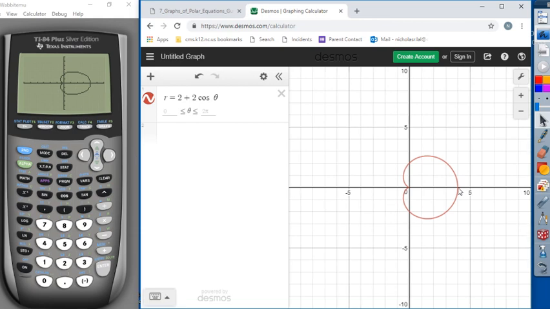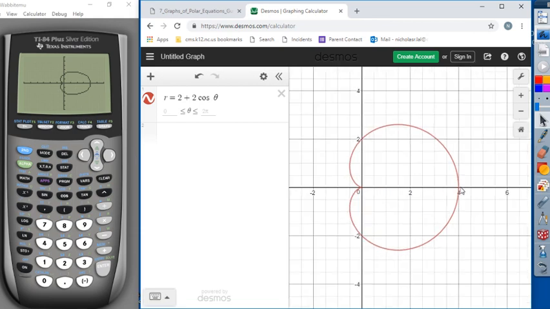We have the critical values of 4 in this direction, 2 as a y-axis value, and negative 2 is another y-intercept.